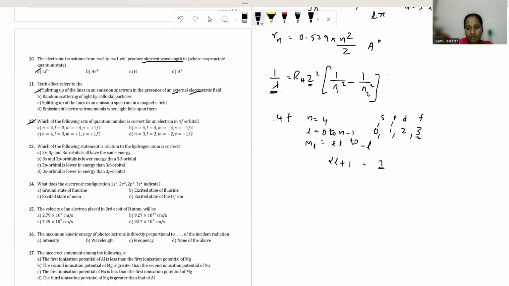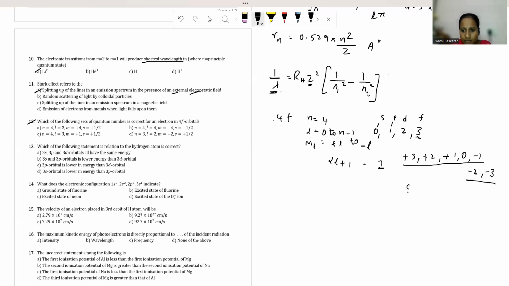So these values range from plus L to minus L. L is 3, which means it can be plus 3, plus 2, plus 1, 0, minus 1, minus 2, and minus 3. Among any of these given values for ML is correct.